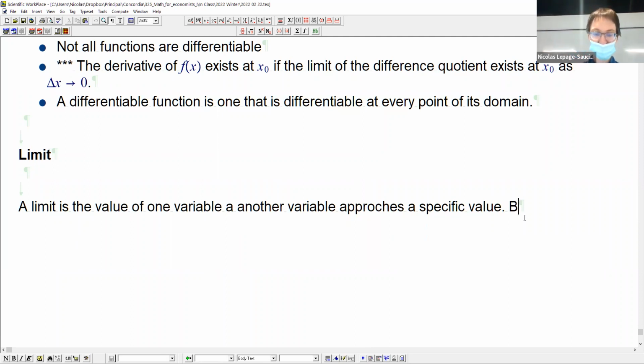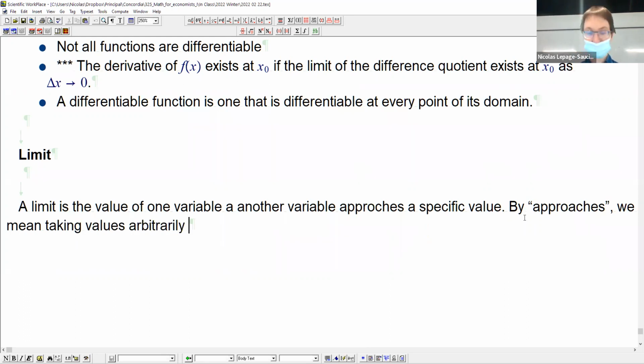So by approaches, we mean taking arbitrary values arbitrarily close to it without touching it exactly.